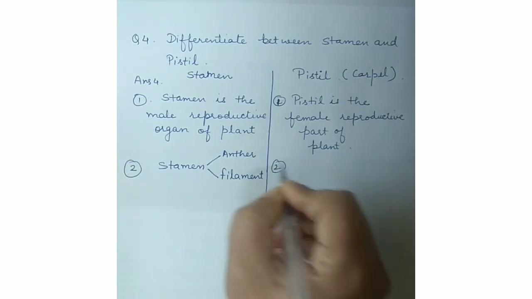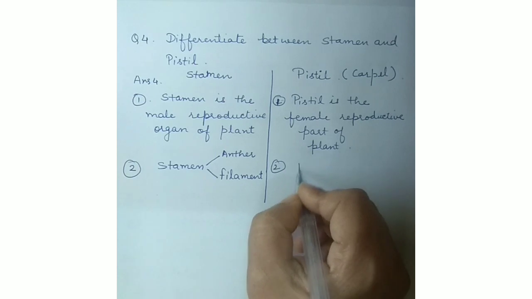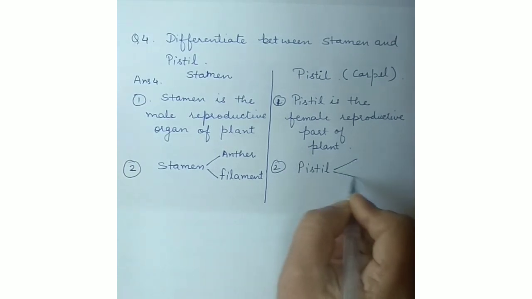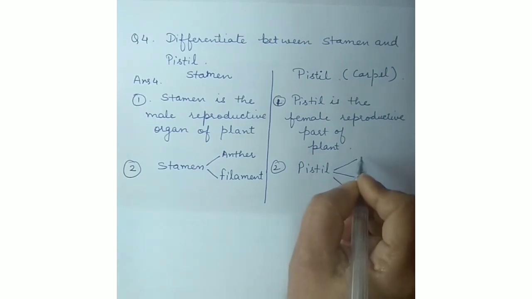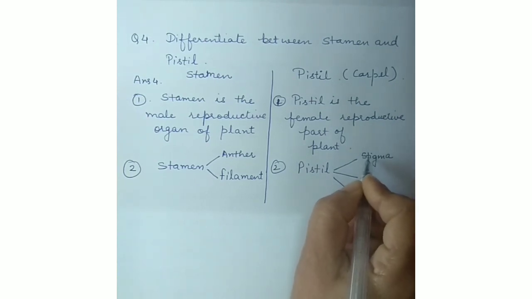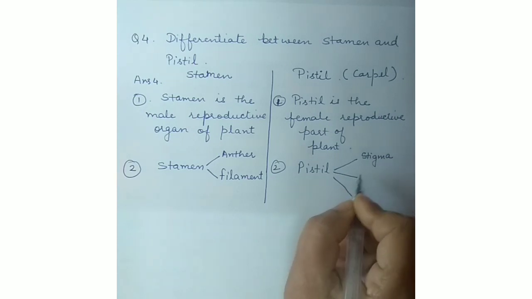Similarly, in case of pistil, it is divided into three parts. Number one is stigma, the topmost part. Sticky substance is secreted in this region.